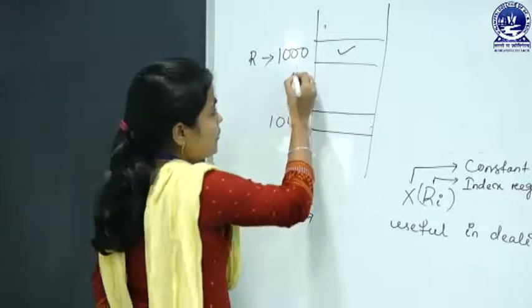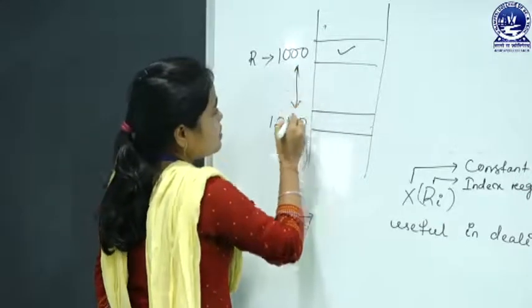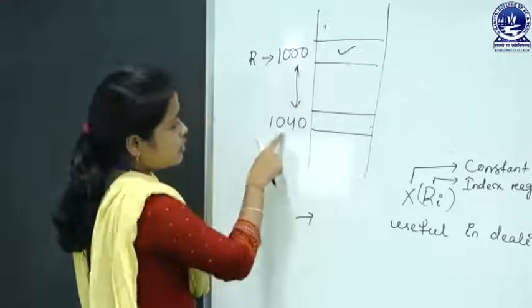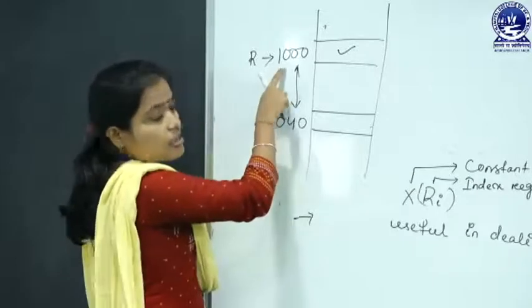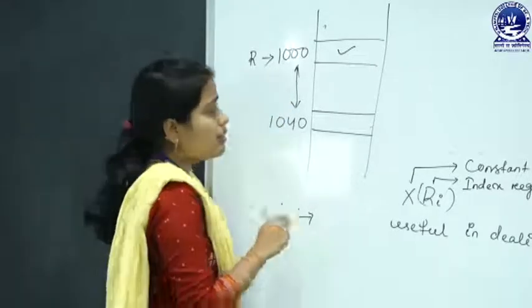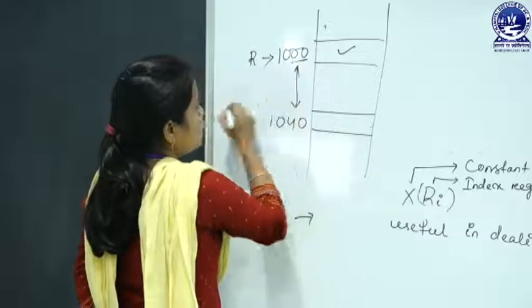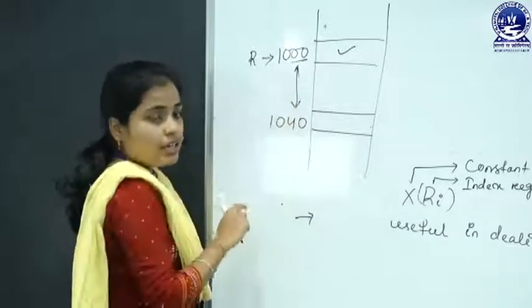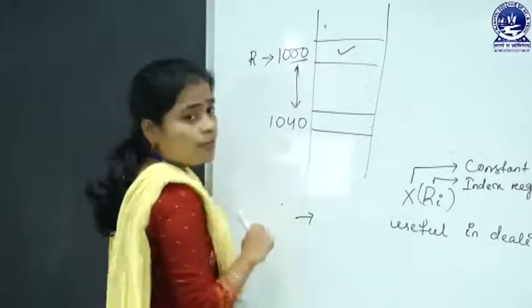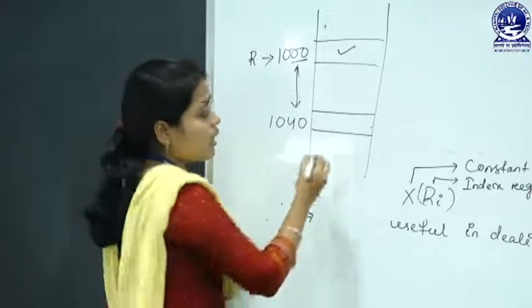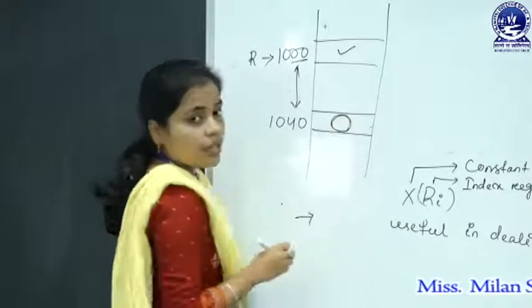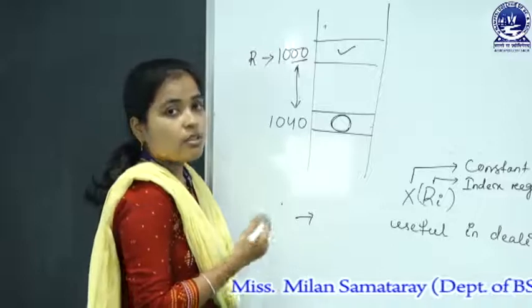So, we have to skip all these memory locations to get from this location to that one. How will we go there? If we add 40 to this 1000, we get the value 1040, where we will get our next instruction or the operand, you can say.